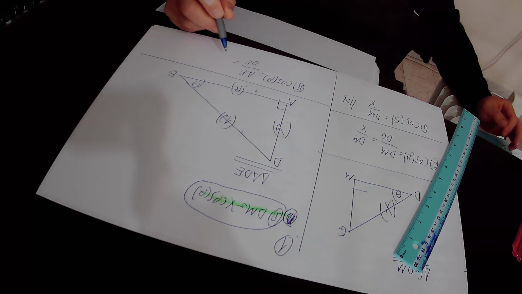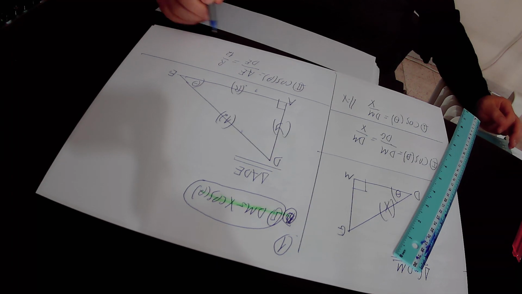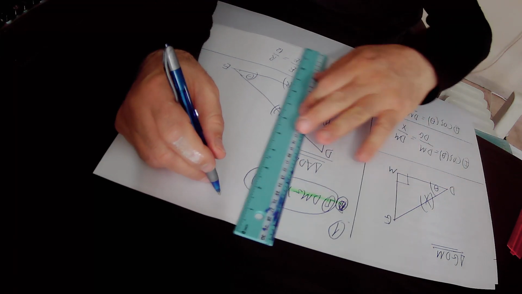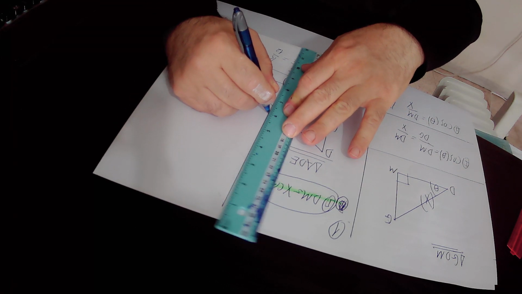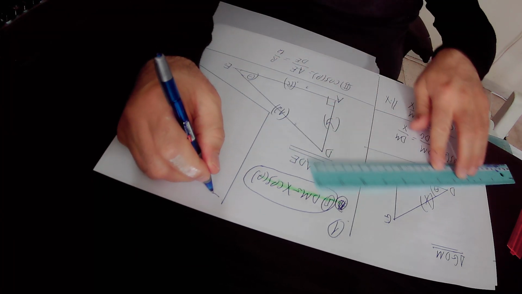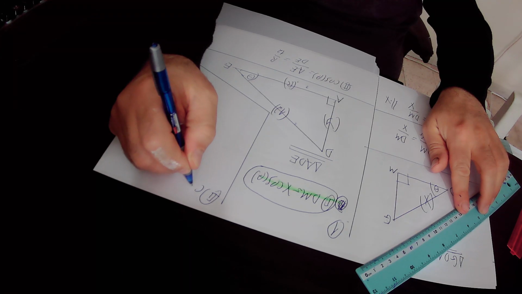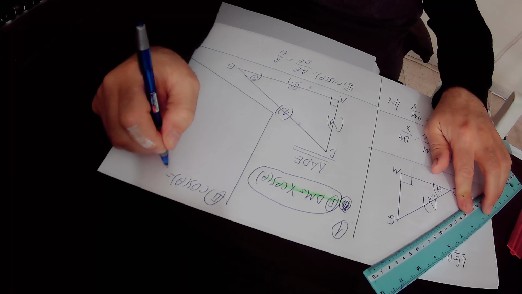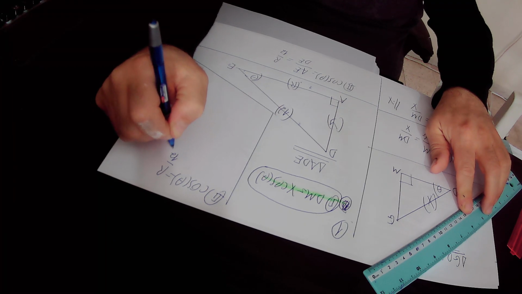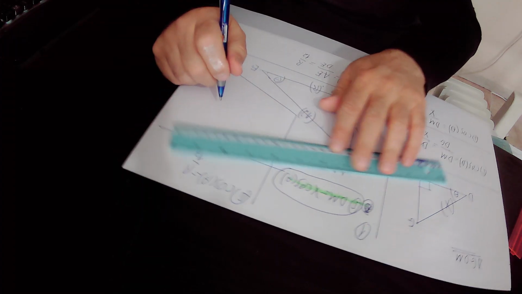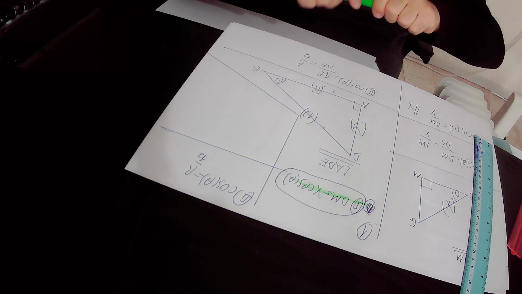So cosine theta equals AE, that is R, over DE, that is 12. So according to equation 2, cosine theta equals R over 12.